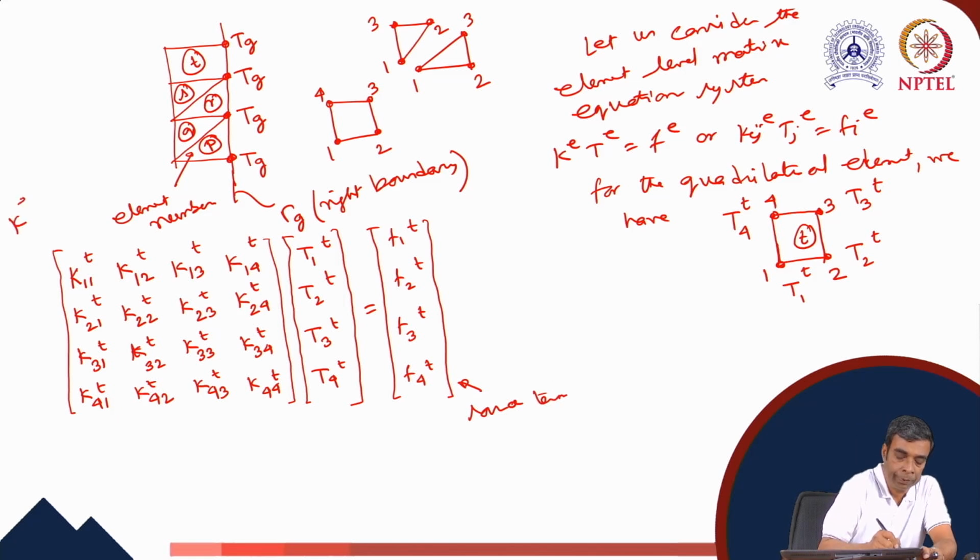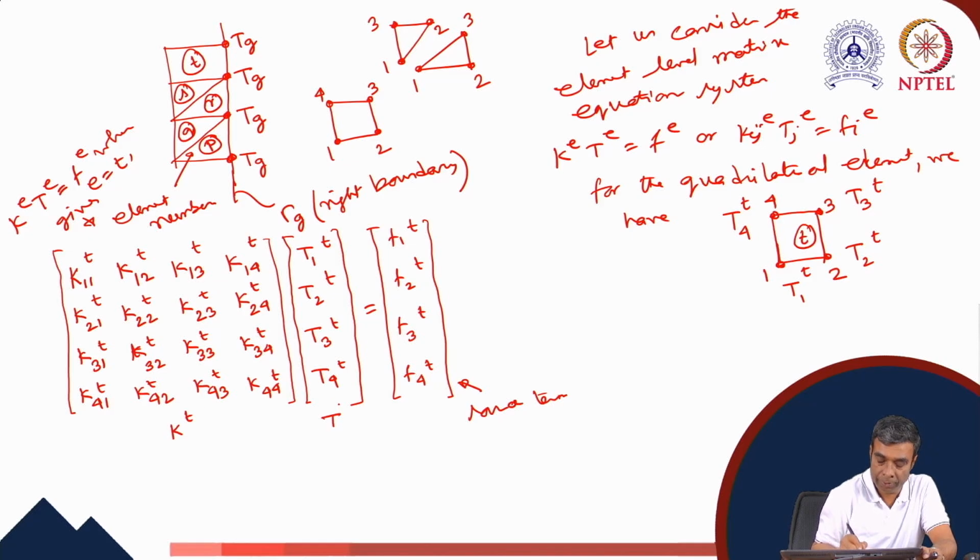So KE equals FE, where E equals T, gives this matrix equation system. So this is KT, this is TT, and this is FT.